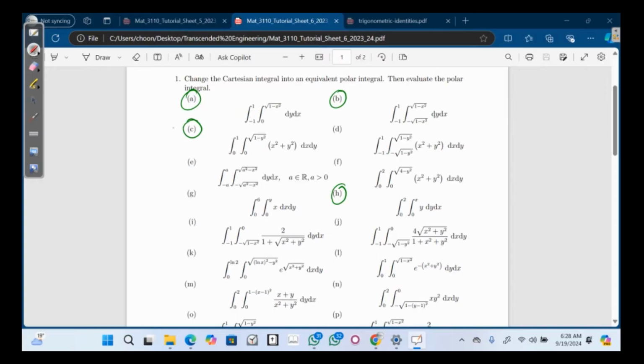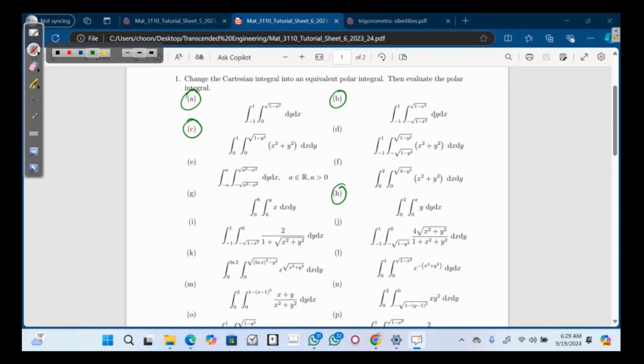Then question 1b is unique, it's just on its own. Then question 1h is similar to g, but I've just picked h. You can mirror what I'm going to do on h on g, and you're still going to get something that is correct provided you follow all the steps.